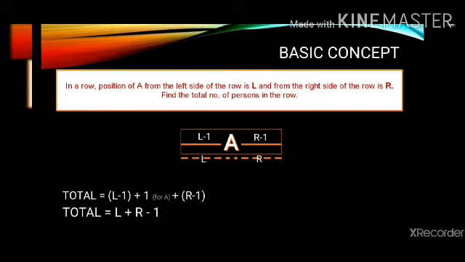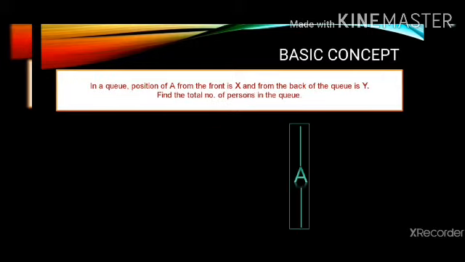Therefore, the actual formula will be L plus R minus 1. Here L and R are the positions, not the number of people. As it is given in the question, it is the position of A from the left and the right hand side.